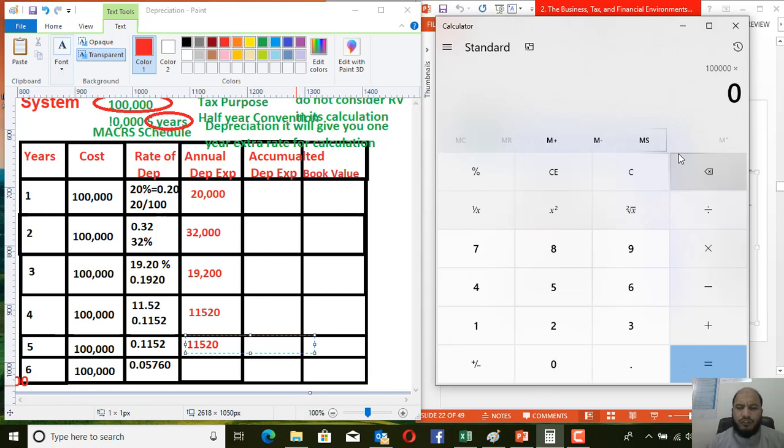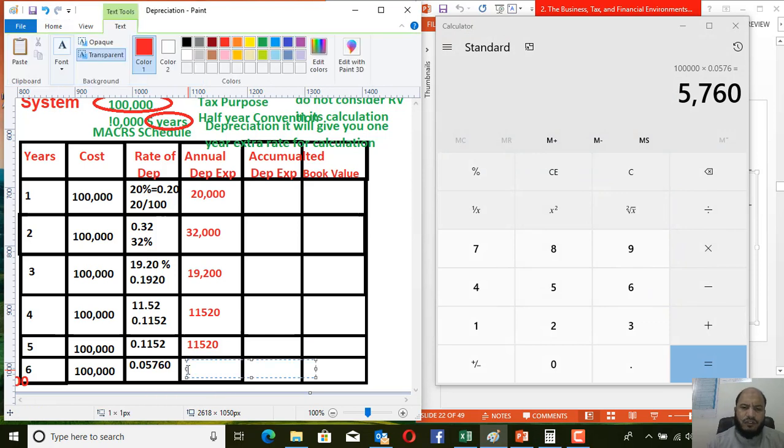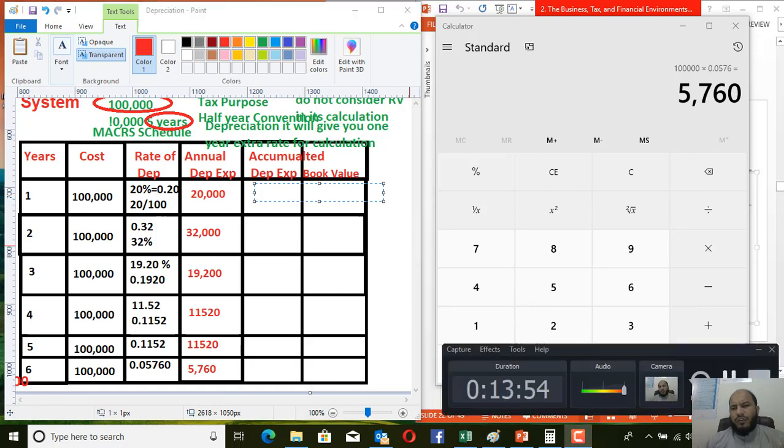When we convert this to decimal it is 0.05760. So this is equal to 5,760 rupees. So we should make the accumulated depreciation for this. How can we do it?